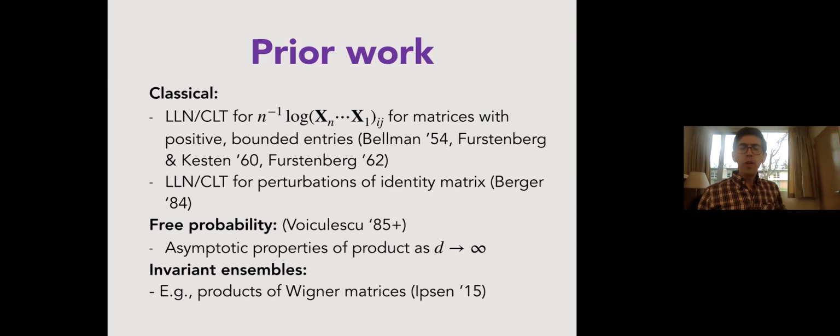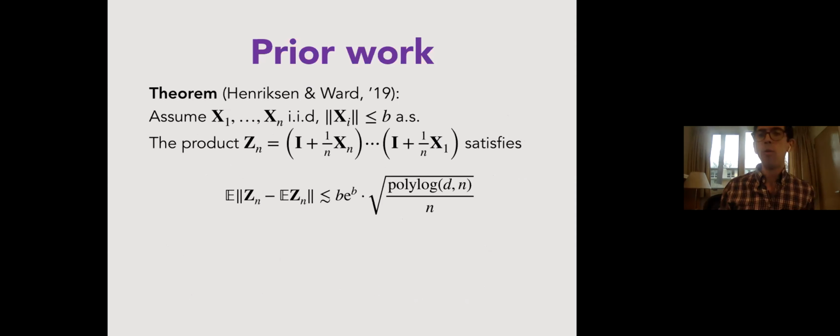Okay, so the real starting point for our work was some recent work by Henriksen and Ward. Ward's one of my co-authors on this paper, and with her student Amelia Henriksen, they came up with a really nice bound with an ingenious proof that's the first step in this program.